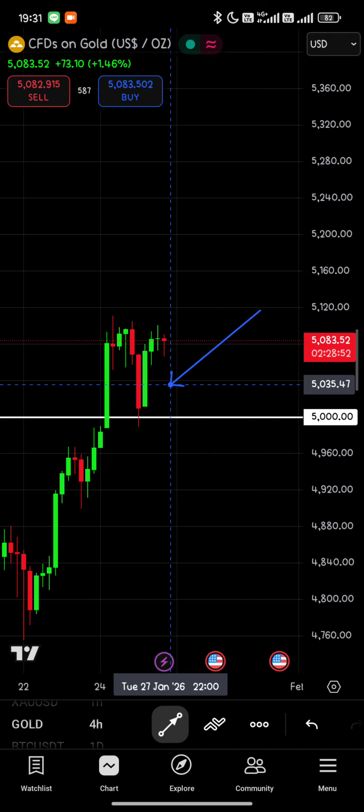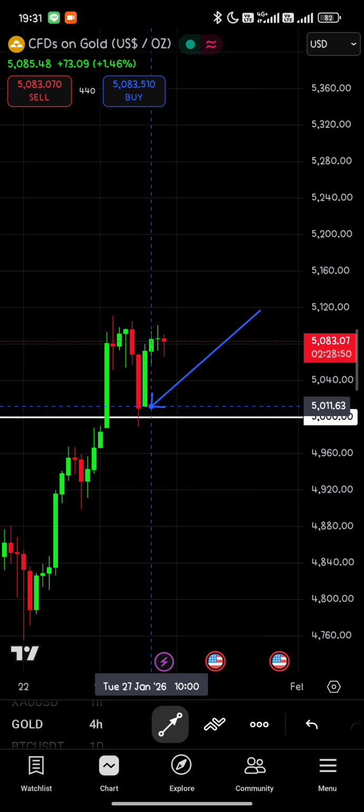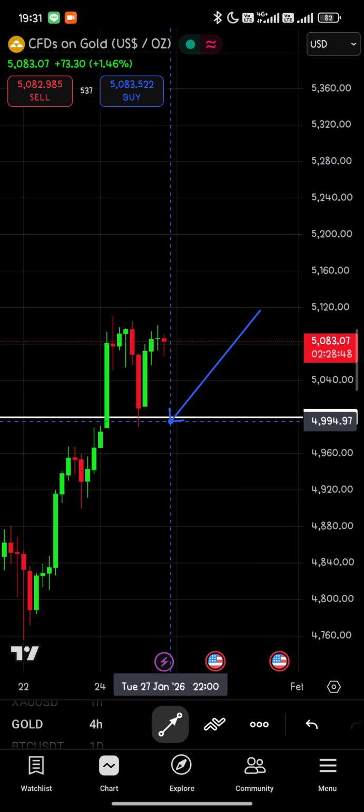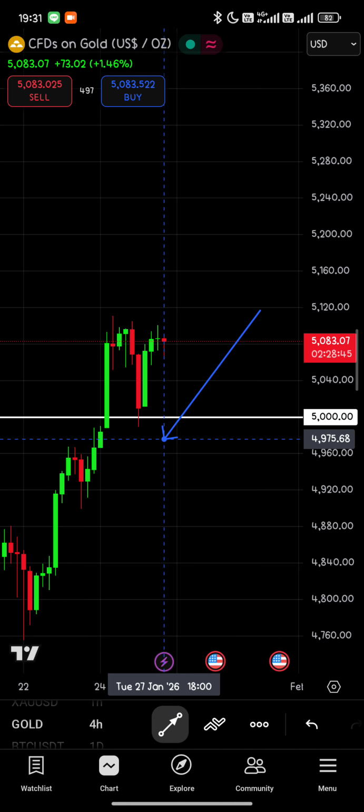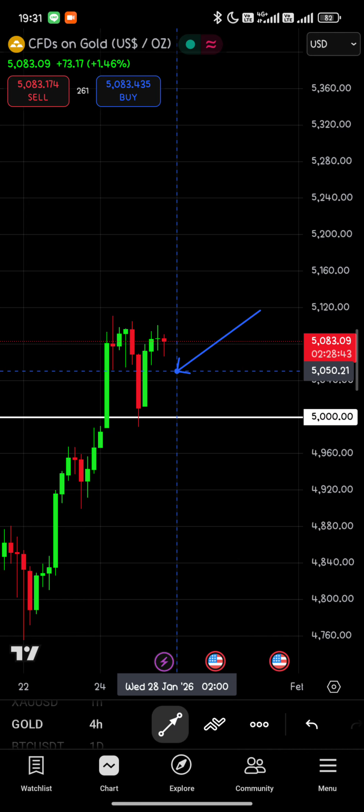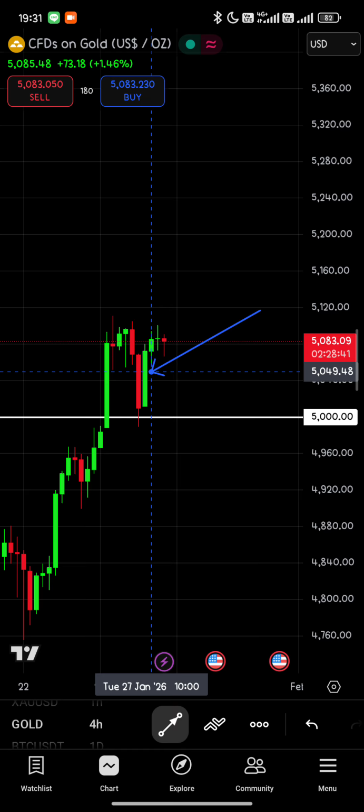If buy limits are triggered when price comes to touch this support, price is gonna be dumping down further and further, right?